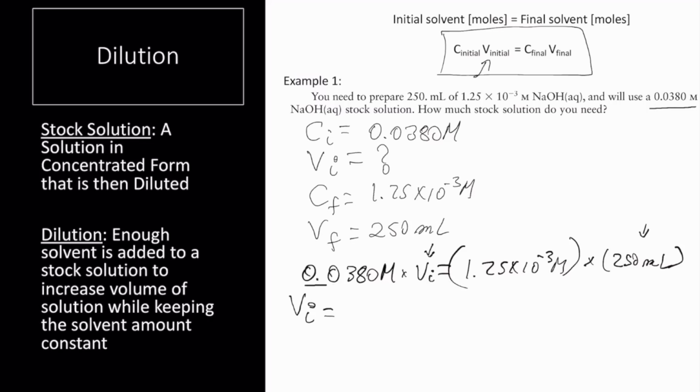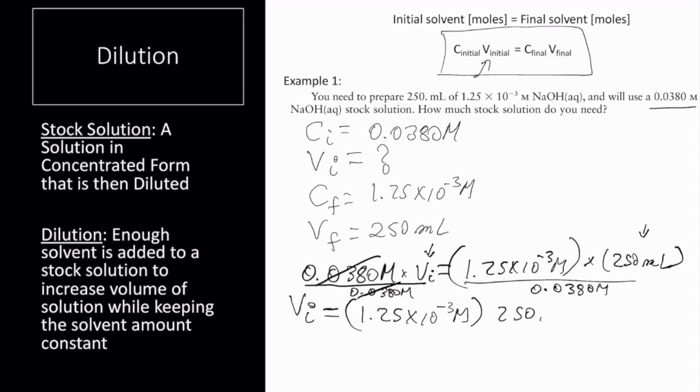If I divide both sides by the initial concentration, then we see that on the left hand side it cancels. So we have that the initial volume is equal to 1.25 times 10 to the negative 3 molar times the final volume and divided by the initial concentration.